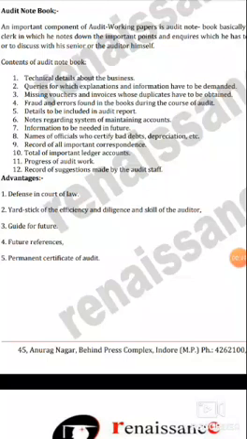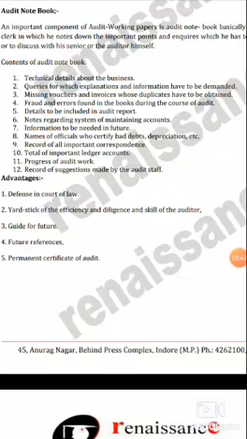And a record of all important correspondence: the auditor has to correspond with debtors, creditors, debenture holders and different stakeholders of the company, so he has to record all the correspondence he communicated with the stakeholders.